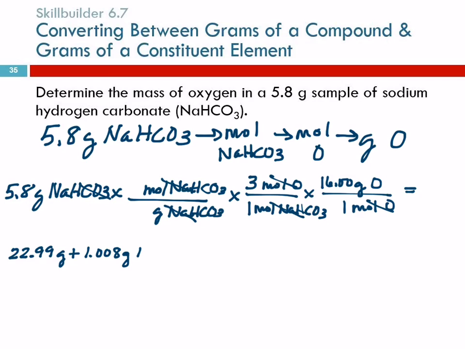How many carbons? 1. 12.01 grams, it's 1 mole of carbon, plus how many oxygens? 3. So we need 3 times the mass of a mole of oxygen, getting smaller and smaller. And then we add all that up.